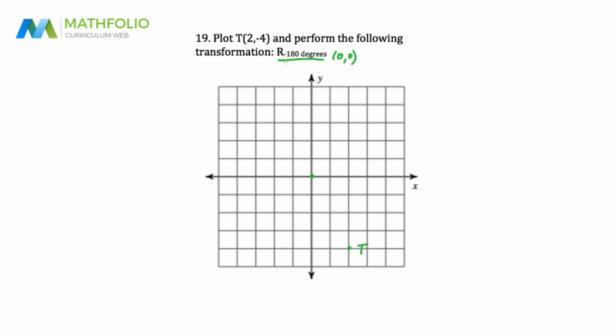Next thing, it says negative, so whereas we would usually go counterclockwise, we would now go clockwise. But another thing to note is that when it's 180 degrees, it doesn't matter whether you go clockwise or counterclockwise, because you're still going to end up in the same place. So that's one thing to note.